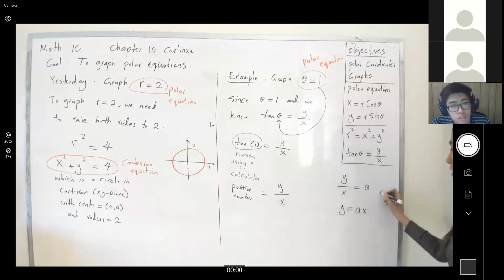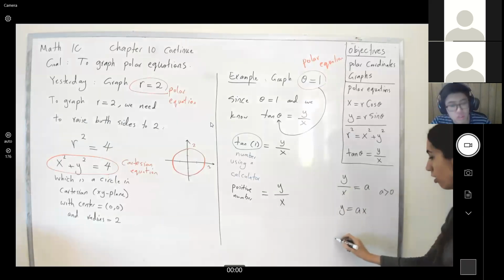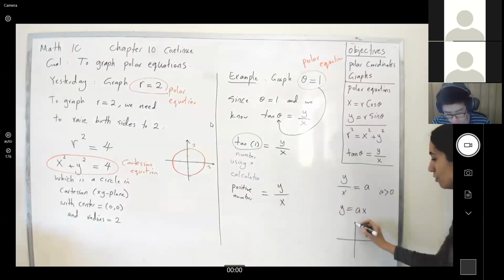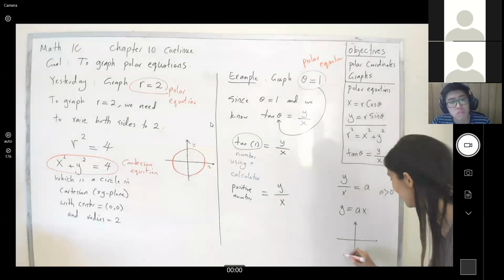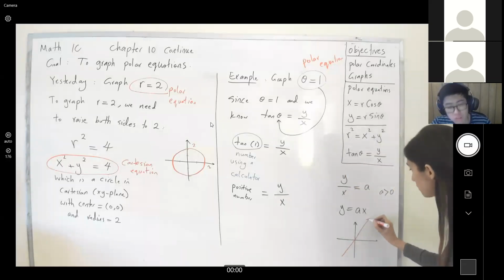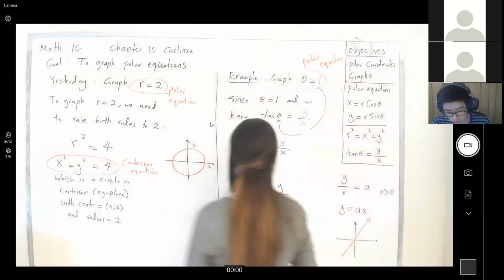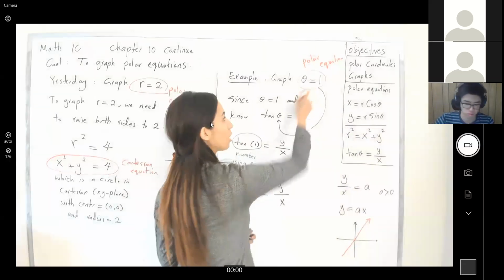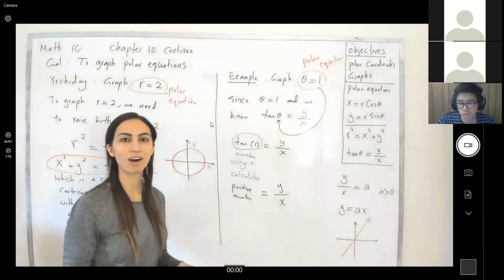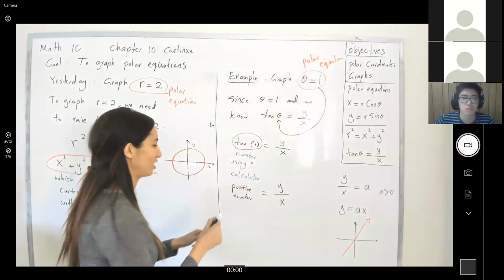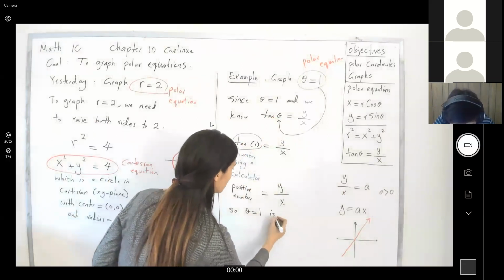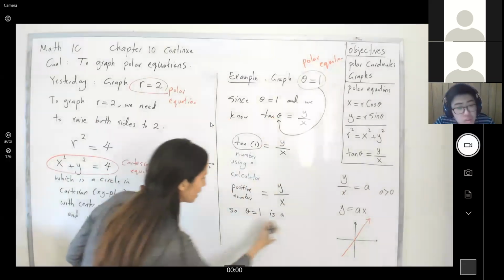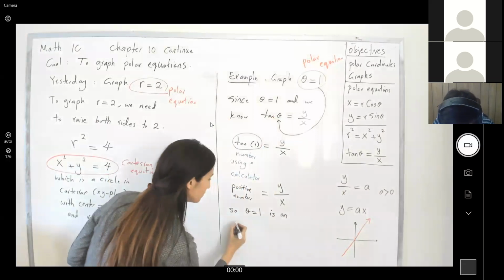Since a is positive, you have a line passing through the origin, and it's an increasing line. So the graph of this polar equation is nothing but an increasing line. Theta equals 1 is an increasing line.